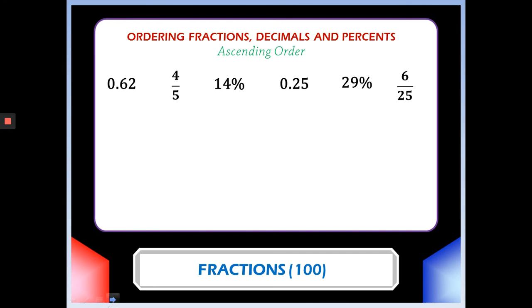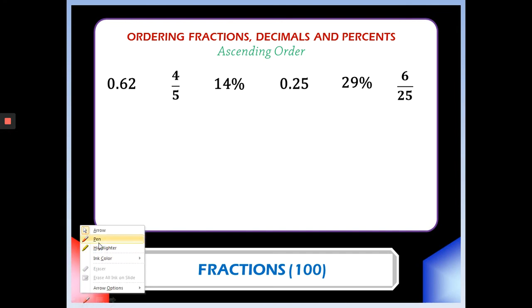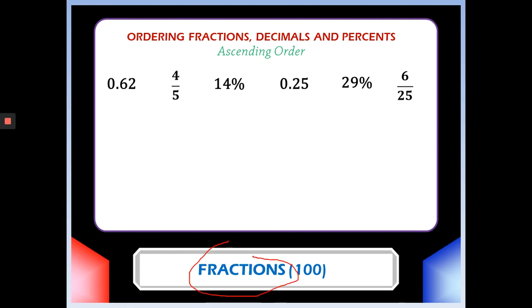Okay, so let's convert all of them into fractions. So 0.62, to make this into a fraction, since there are two places after the decimal point, that means it's hundredths, right?